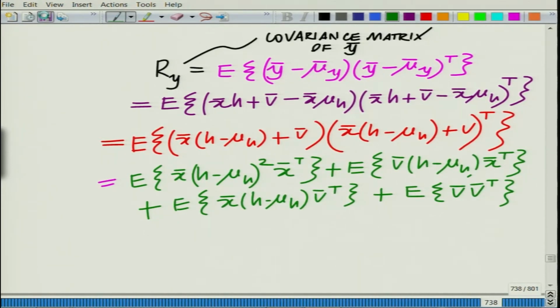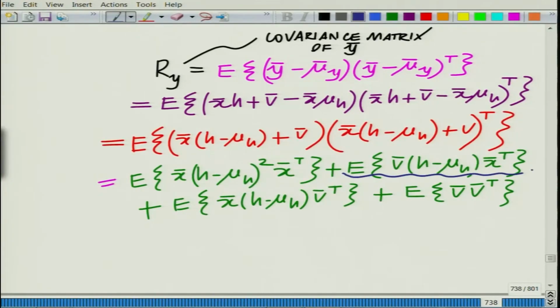Now, if you look at the two quantities in the middle, these are related to the cross covariance between the parameter and the noise, and typically the parameter that you are trying to infer is uncorrelated with the noise.